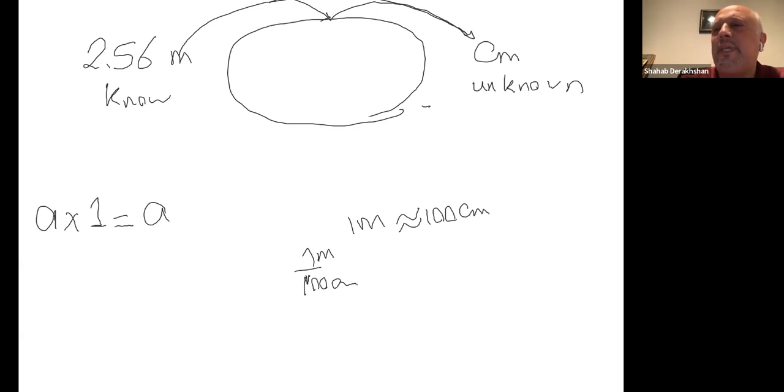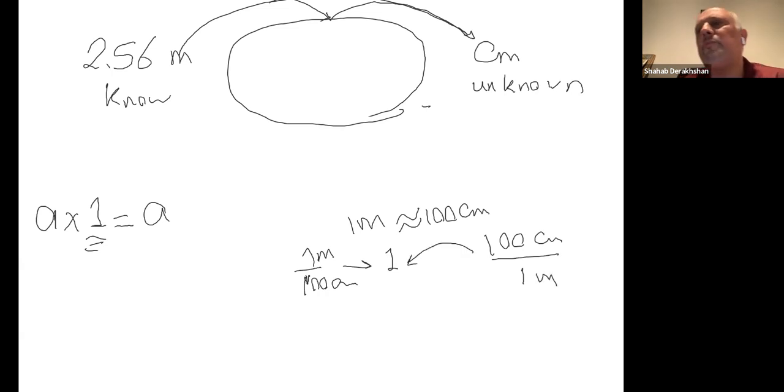When I divide the same things over each other, it's actually 1 that we were talking about here. Alternatively, I can say 100 centimeter over 1 meter is also 1. Agreed?